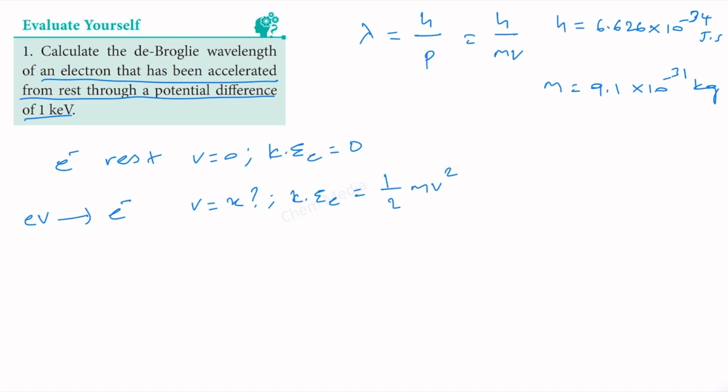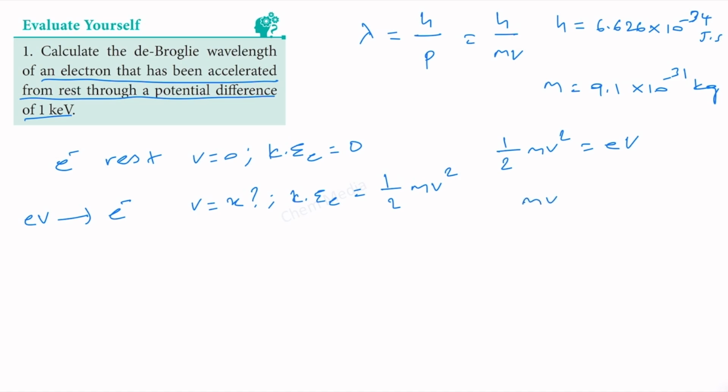Therefore, we can equate the energy due to accelerating potential with the kinetic energy of the electron. Therefore, half mv square is equal to eV, because that kinetic energy whatever the electron gets is due to the potential difference that we are applying. Therefore, eV is equal to half mv square.